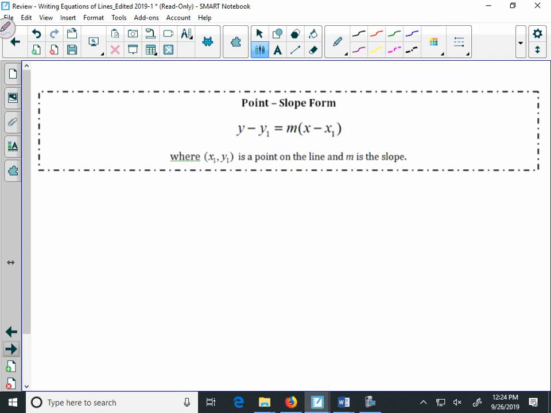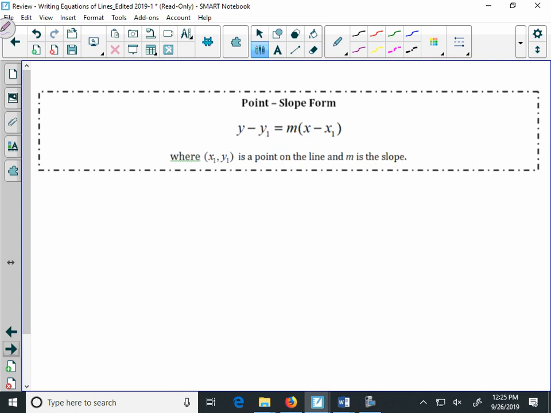If we take a look at point slope form, that's something else that you talked about in Algebra 1. Generally we use this when we need to write the equation of a line, and generally when we're given a point and the slope.